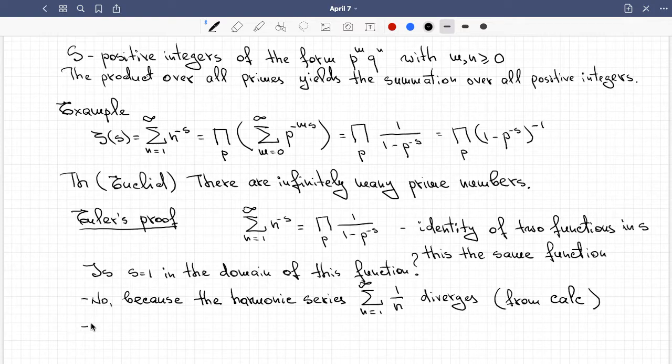At the same time, this is a product over all primes, and if the amount of primes is finite, then the answer is going to be yes.